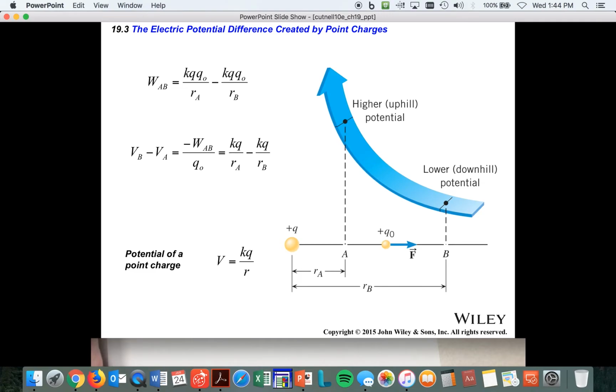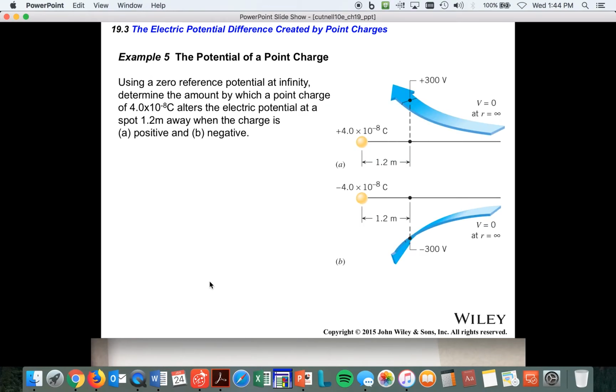Sorry, wasting your time. All right, so here's the potential of a point charge that we saw. One of the things we like to do, just to make sure that we understand this, is use a zero reference, in other words, way out at infinity, where r is at infinity. We're going to place this charge 1.2 meters away from a point where the potential is positive 300 volts.